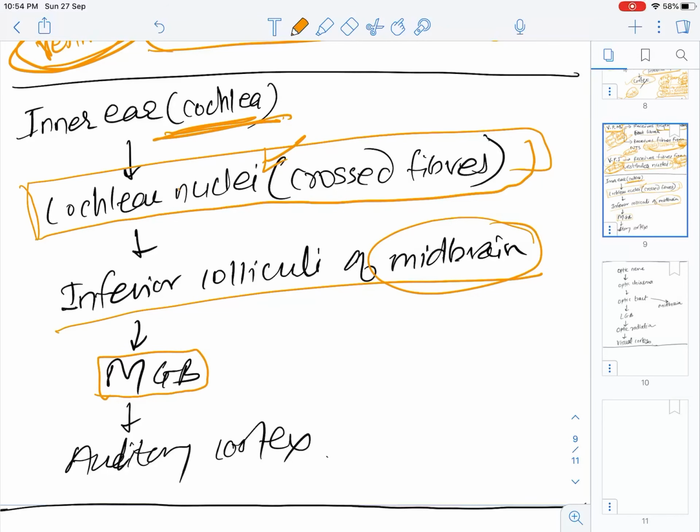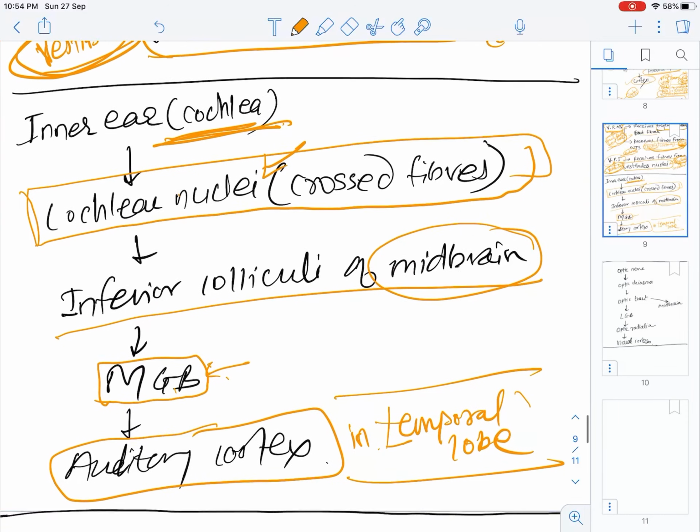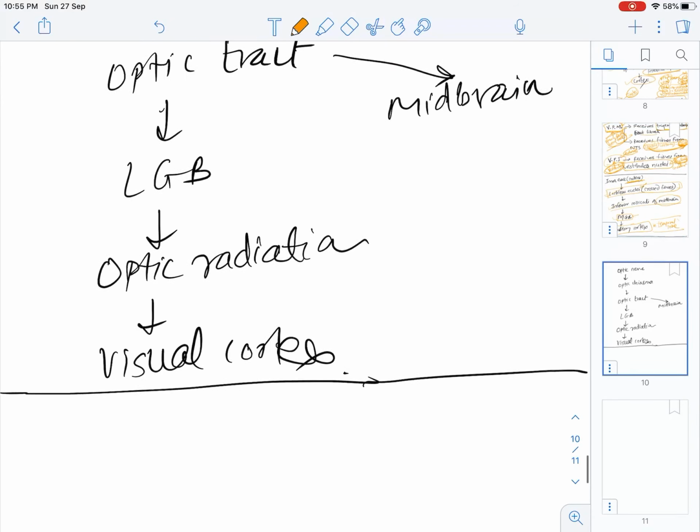Thalamus. Then there is medial geniculate body attached to the thalamus, to which the fibers will come, and from medial geniculate body it will project to the auditory cortex in temporal lobe. As we know, where is the center for auditory function? In the temporal lobe. So this is the auditory pathway we should know: cochlear nuclei, then inferior colliculi, then medial geniculate body, then auditory cortex.